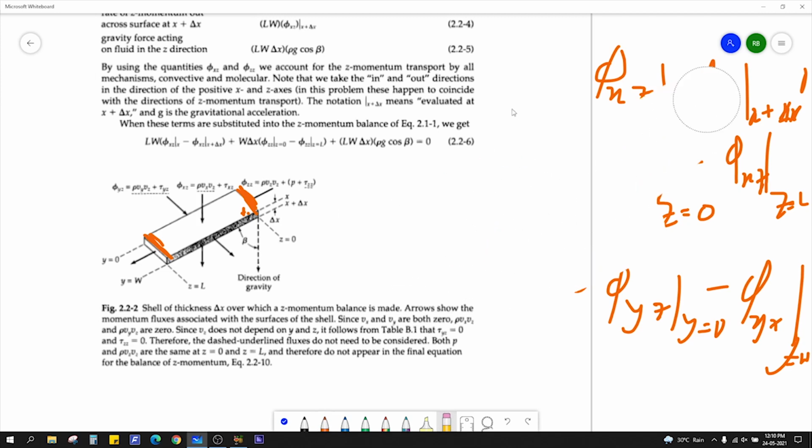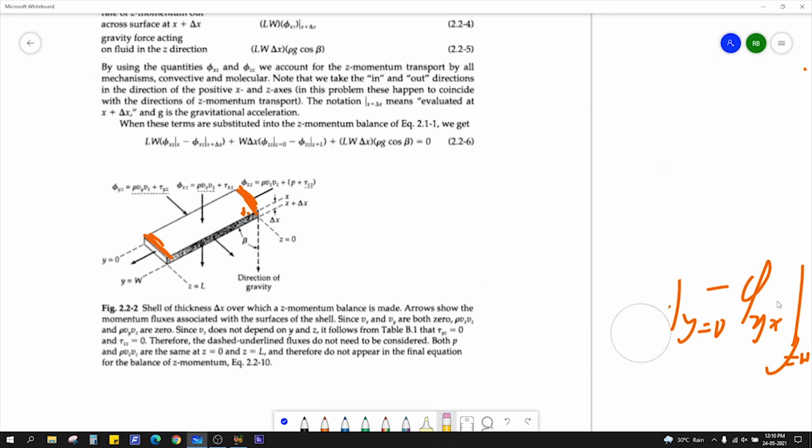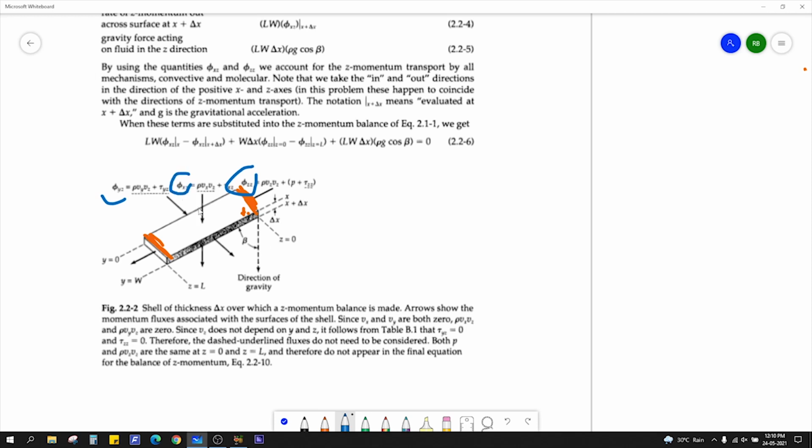Now you might ask why phi yz, why phi zz, and why phi xz. It could have been other values, right? You can see from the problem: once you choose the direction of flow as z, so vz is showing this, then what will be the momentum transfer?